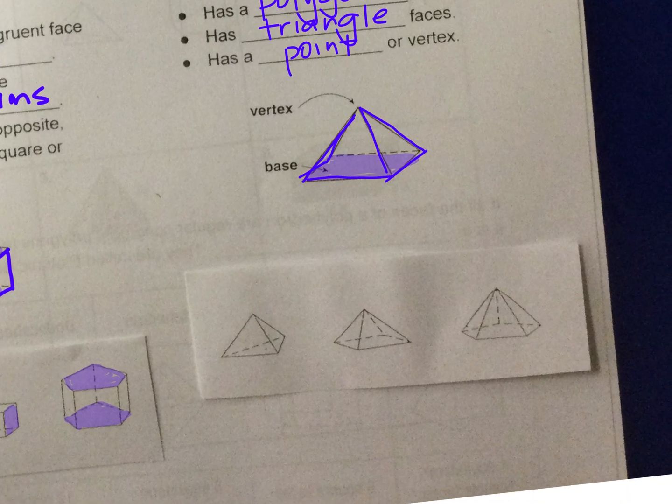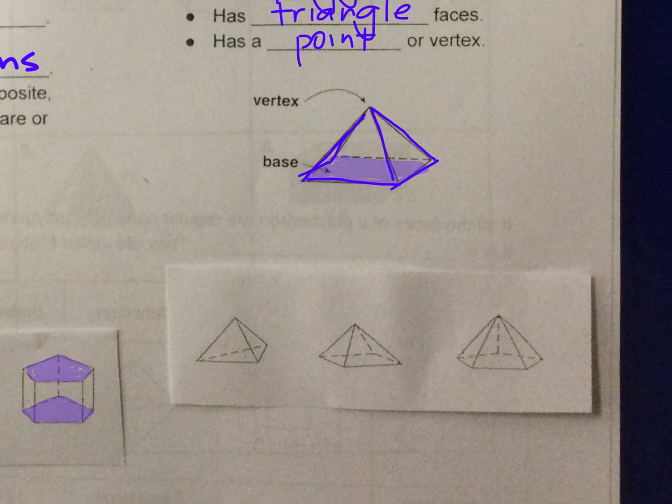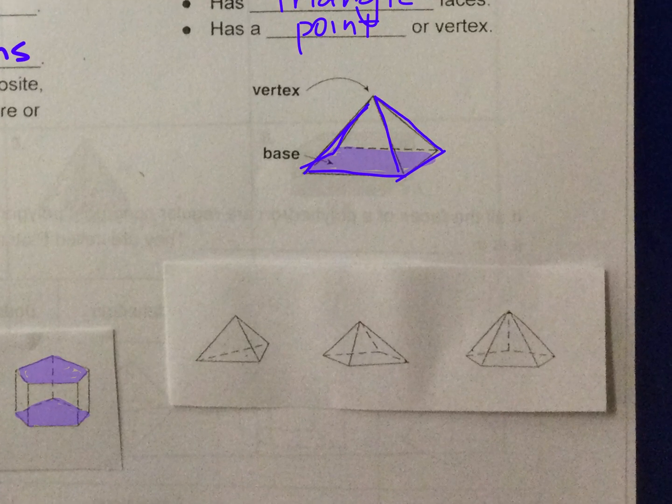So let's color in the bases on these pyramids. This first one has a triangular base and it goes up to a peak right there. This one has a rectangular base. It comes up to a peak, so that means it's a pyramid.